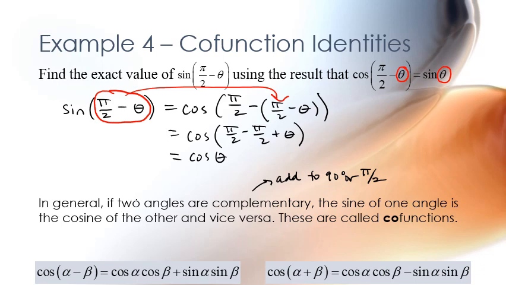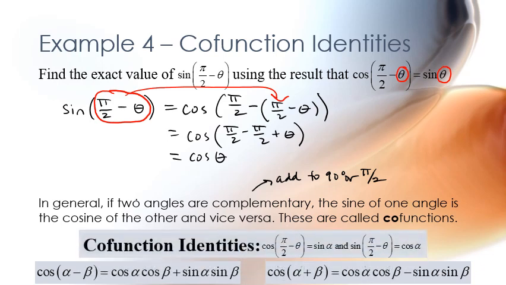These are called cofunctions. So, a new identity. The cofunction identity says that cosine of pi over 2 minus theta is equal to the sine of theta, and the sine of pi over 2 minus theta is equal to the cosine of theta. And that's going to come in handy in a couple of different cases.